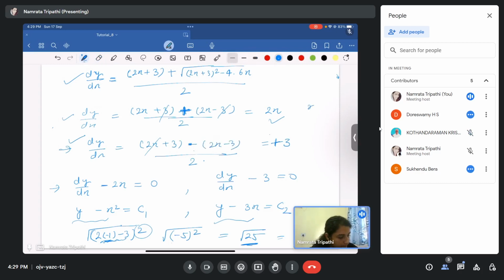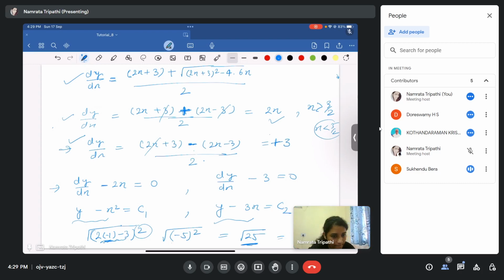So this is x greater than 3 by 2. Fine. And what will be the expression for x less than 3 by 2? This will be minus. Fine.